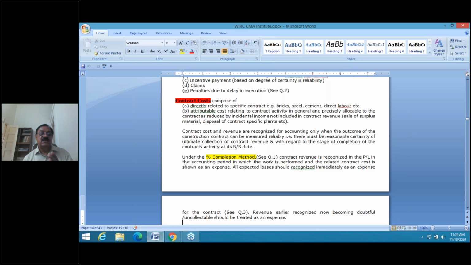Same thing when you show the debtors, thereafter from debtors you deduct the BDR, to the extent the amount will not be recoverable from the debtor. So here also contract revenue will be booked only when there is a reasonable certainty of its ultimate collection. Otherwise it is not to be shown.